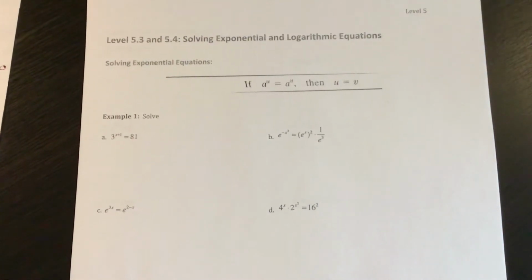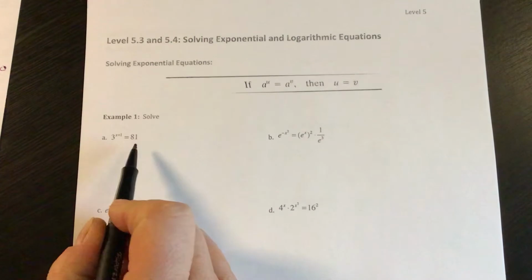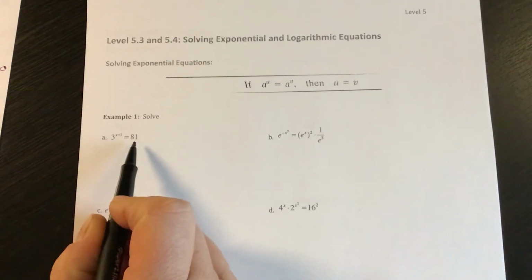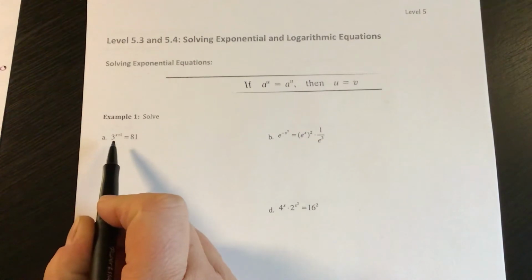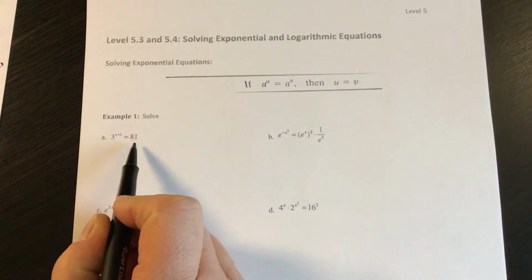So this lesson is about solving equations where we have the variable in the exponent. We did some practice with this a few days ago. If we look at an example here of an exponential equation, our x is in the exponent, so we have to make sure that we have the same bases here.